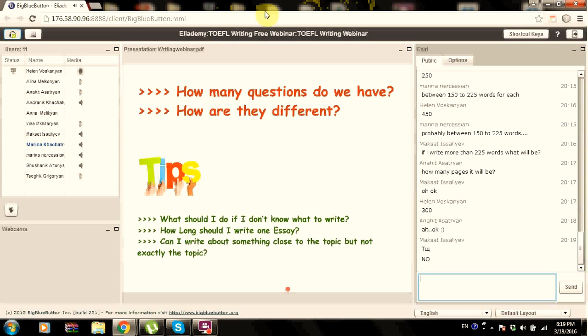So always stick to the topic and never deviate from it. Whenever you write like 400 words, by the time you reach the conclusion, you might change the topic and not even notice it, because your essay is so long, and by the end you forget what you were writing about. So that's also very important, to keep to the topic.